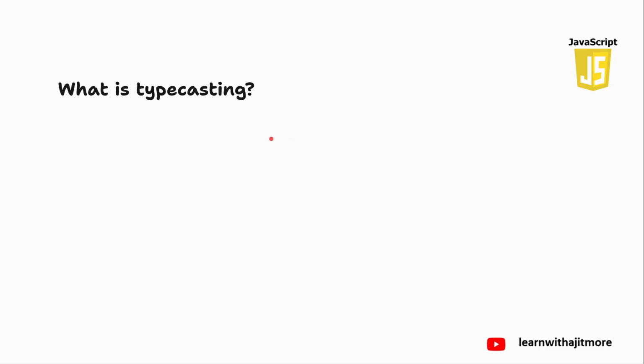Understanding, guys? Suppose you are writing 2 plus double quote 3. You don't have to do anything. The JavaScript engine finds that one is a string and one is a number. Implicitly, it will convert the number to a string. You don't have to do anything.